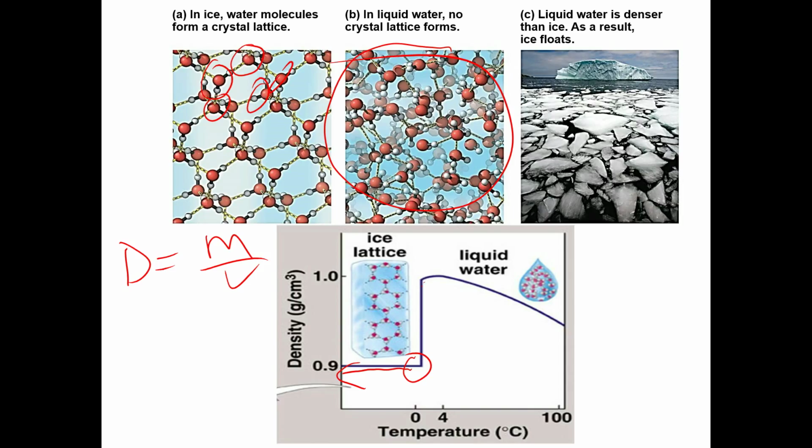Basically it's thinking about how compact and close a substance is within a given unit of volume. Here you can see the units are grams per centimeter cubed, or grams per milliliter. The density of water is actually around 1. It's most dense at about 4 degrees Celsius.